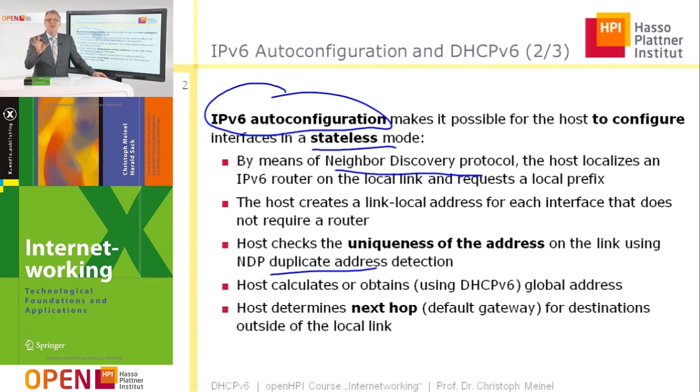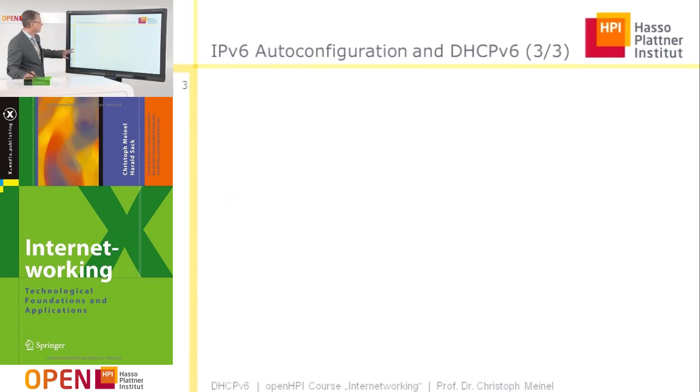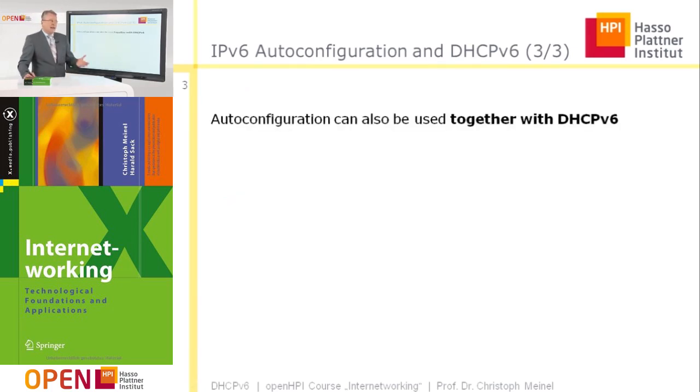That means the host finds out the default gateway for destinations outside the local link. This was the way auto-configuration is done with the help of the NDP protocol in a stateless way.